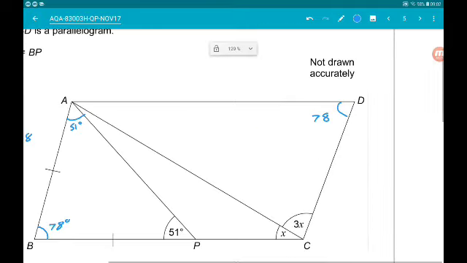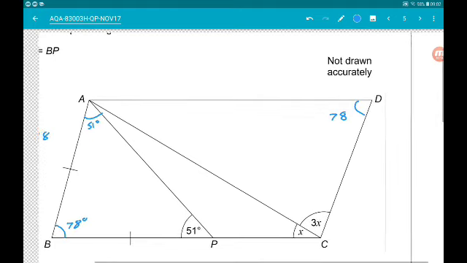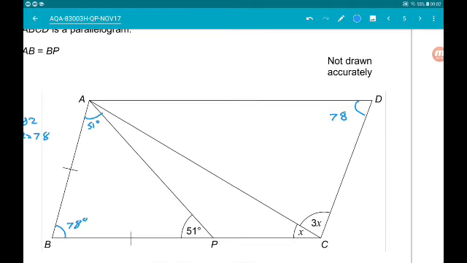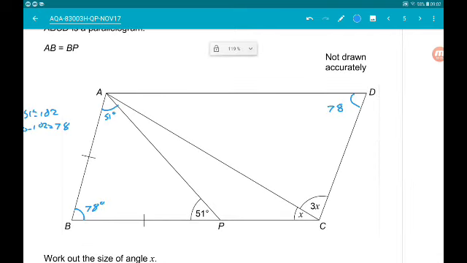Okay, so what else can we do? Well, we can now work out the sum of these two opposite angles. Angles in a parallelogram have to add up to 360.